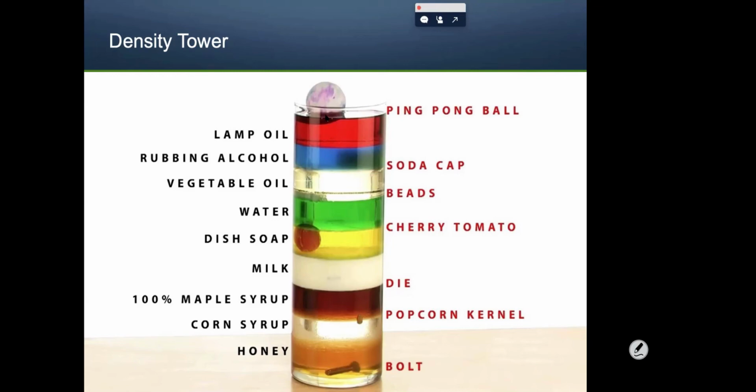It does. It will, right? So if we didn't have the lamp oil and the rubbing alcohol on there, the pressure in the vegetable oil would be lower. But that's not what sets the relative, it's the change in pressure that matters. And so how far that cherry tomato sinks is unaffected by what's on top of it. In this particular case, it's only affected by where the densities change.